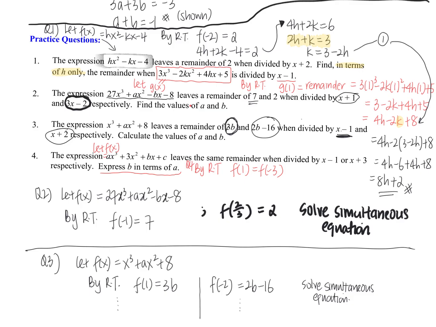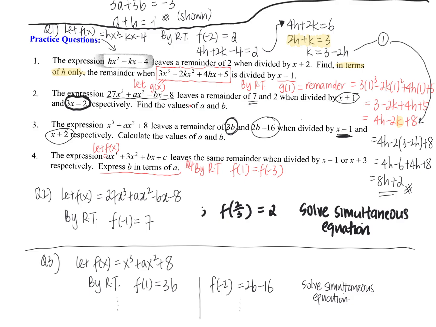We have dealt with questions when we divide and we get a remainder. We just sub in. But what is factor theorem? What do you think factor theorem is? When you say something is a factor, what does it mean?